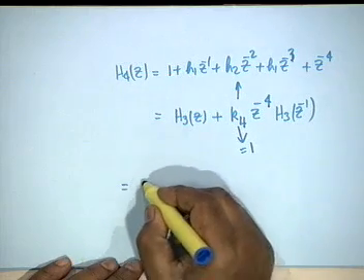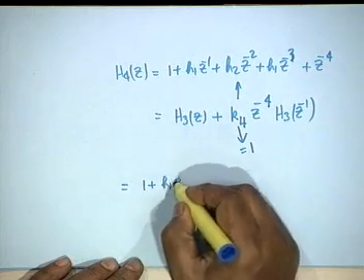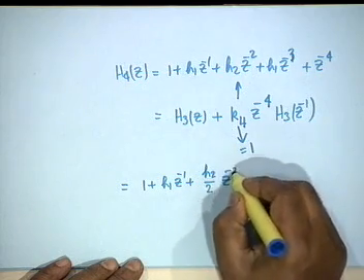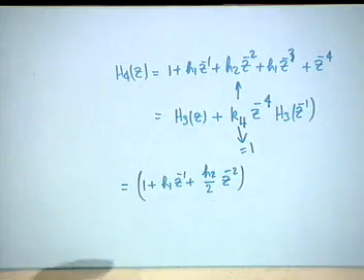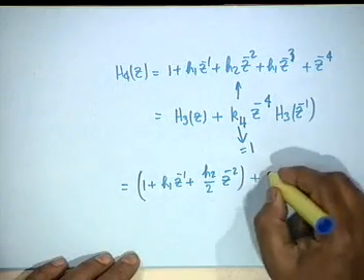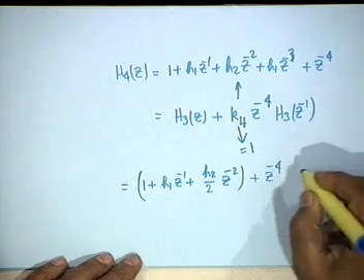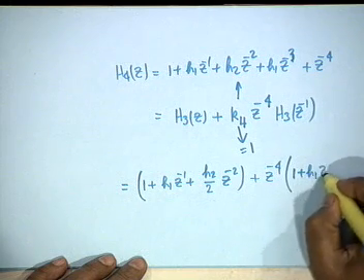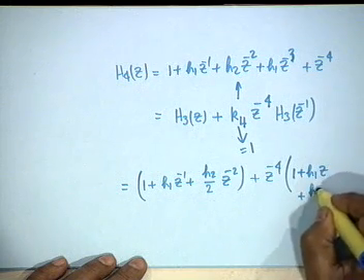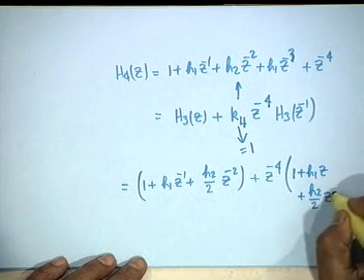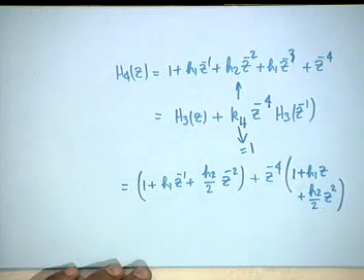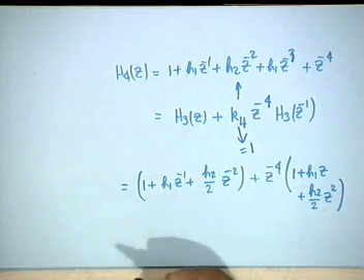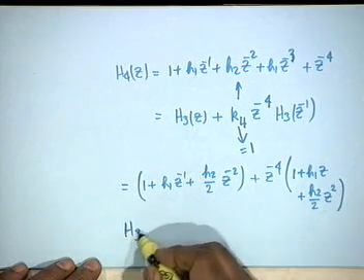So you write this as 1 plus H1 z inverse plus H2 by 2 z to the minus 2, plus z to the minus 4 times 1 plus H1 z plus H2 by 2 z squared. Okay, and the identification of H3(z) is obvious now.